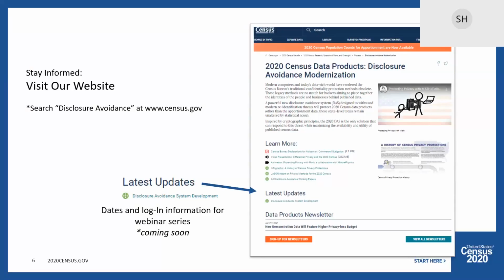I know a lot of people are curious about how we're building the disclosure avoidance system for the data products that are released further down the road, like the DHC and VDHC, the detailed demographic information that many people use for modeling and for tons of other purposes. Have there been any decisions made so far, Michael, that will impact how that process works for DHC and other later data products?